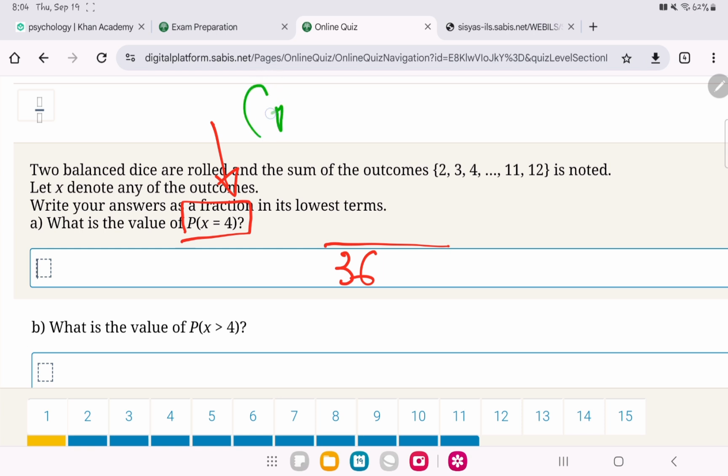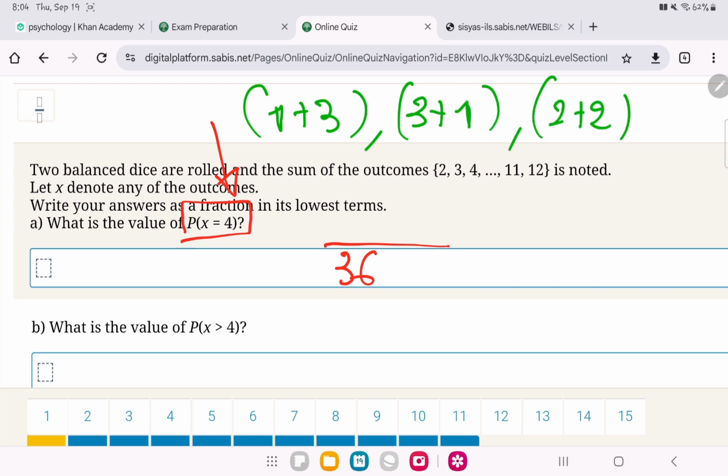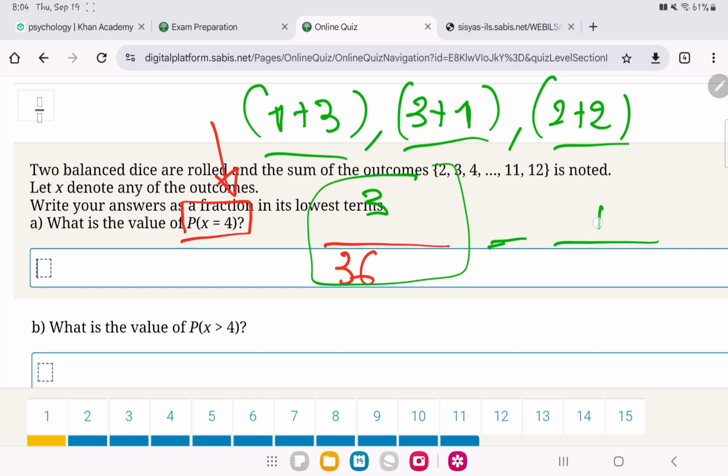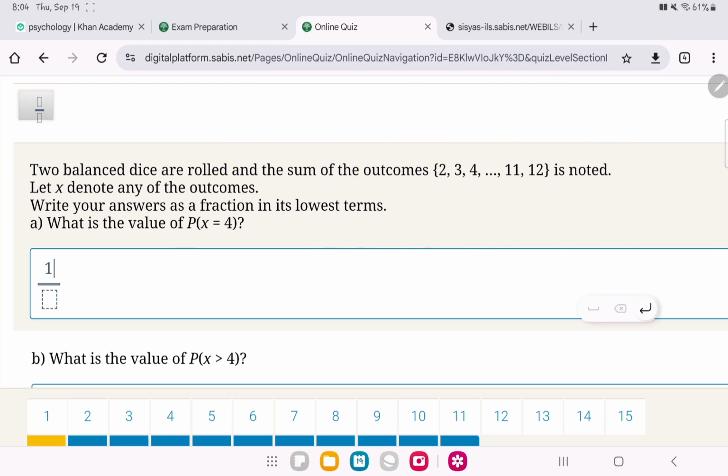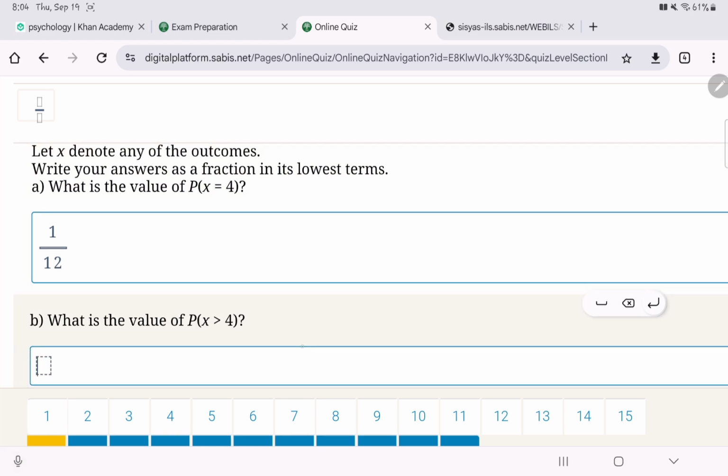We can get 1 plus 3, or 3 plus 1, or 2 plus 2. Is there anything else? No. So these are 3 possibilities out of the 36 possibilities to get 4. So if you simplify it, it's going to be 1 out of 12.